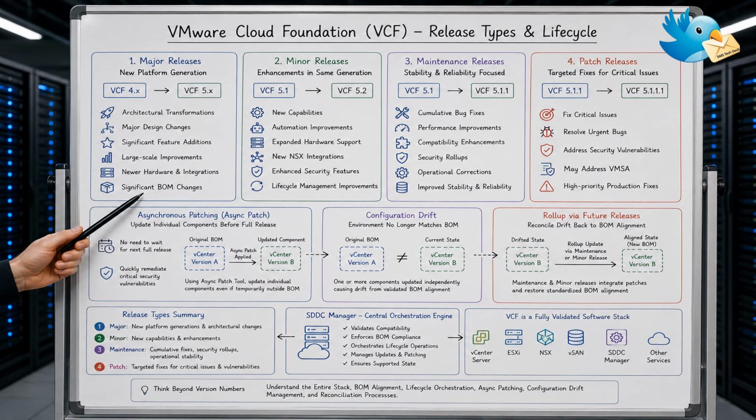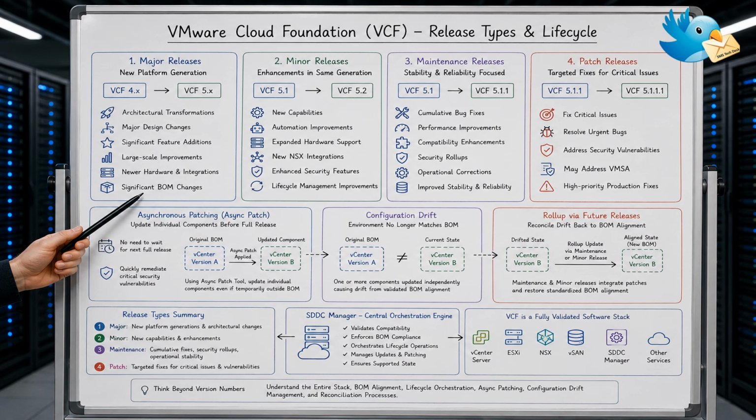So maintenance releases are stability-focused updates. They provide cumulative bug and operational corrections. When I say bug, I'm talking about bug fixes. It's also going to provide performance enhancements and security rollups to improve the reliability of the environment.